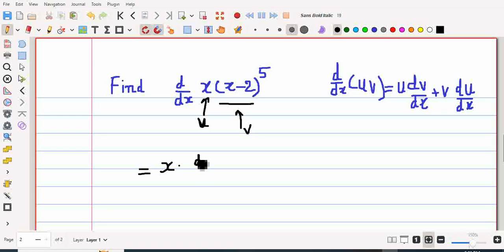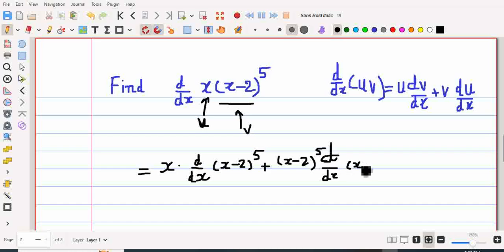I write it for you: d over dx of (x minus 2) power 5, and plus v as it is, (x minus 2) power 5, times the derivative of x.